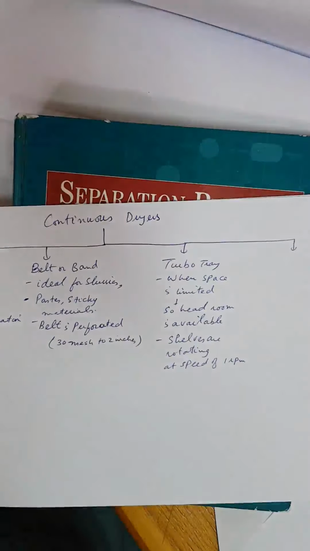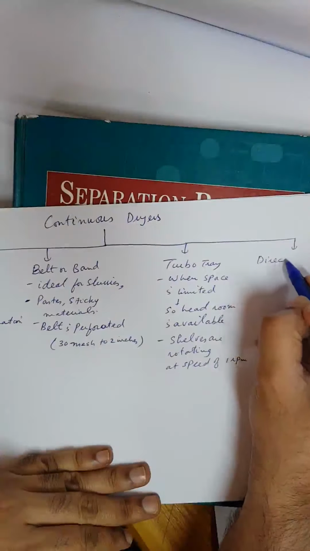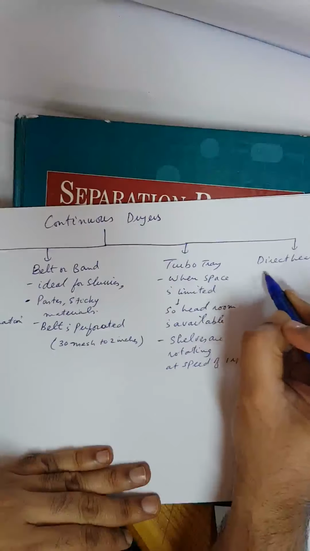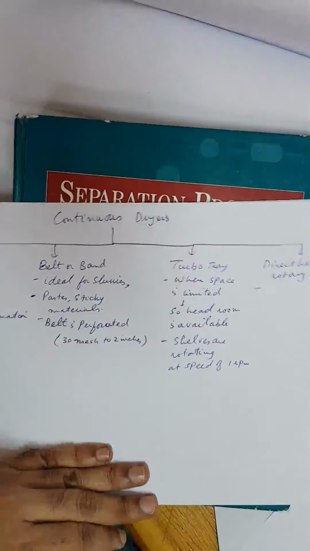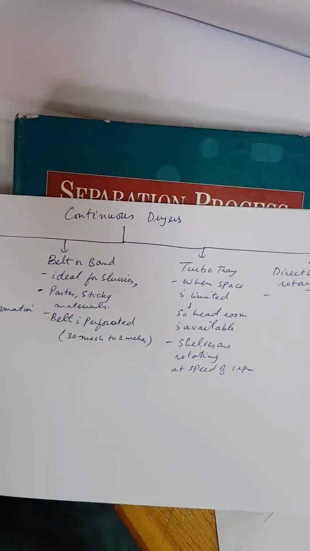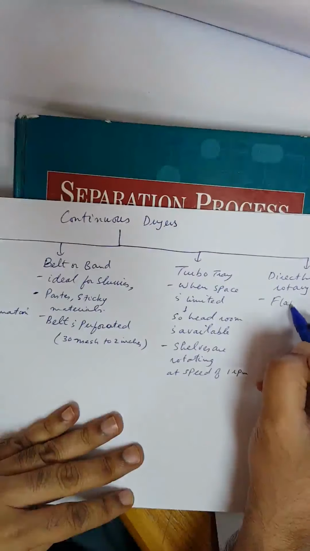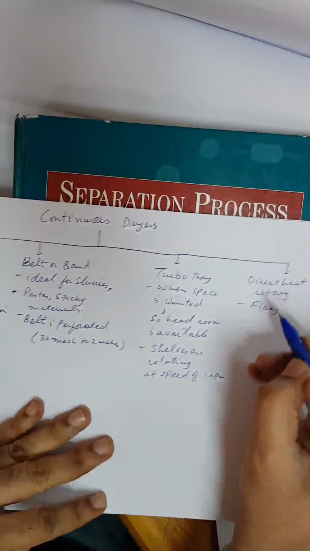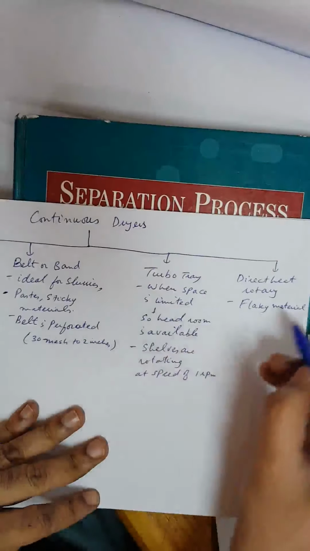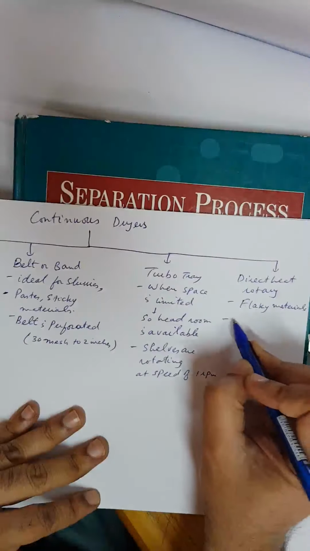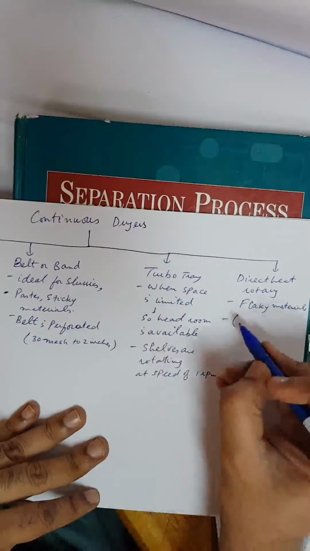The fourth one is direct heat rotary. Direct heat rotary is used for flaky materials, where breakage is acceptable. Flaky materials are very soft, so they can easily break.